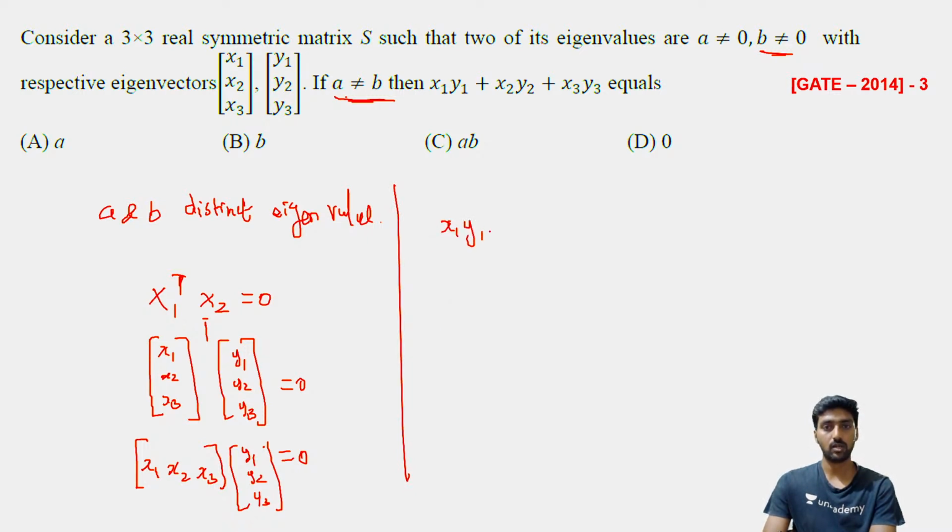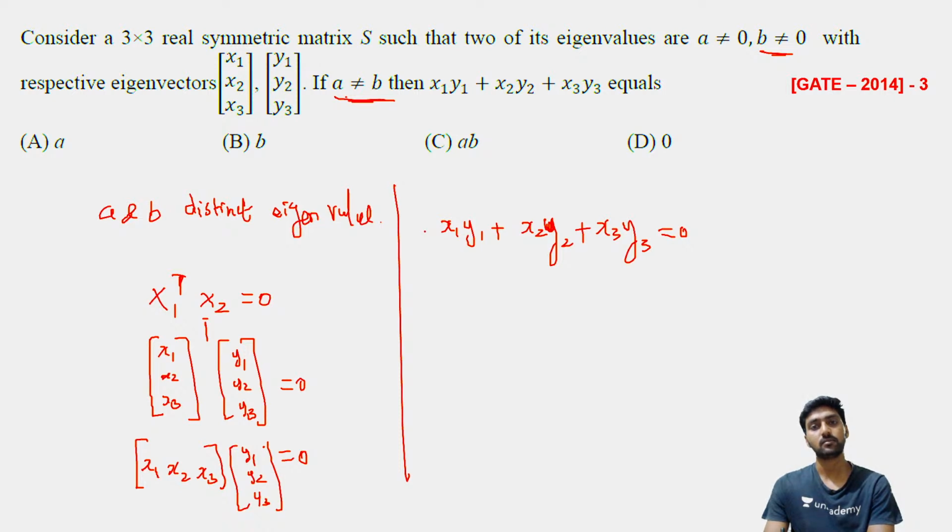Therefore x1 y1 plus x2 y2 plus x3 y3 is equal to 0. Yes or no? Is it clear? Yes, it's option D. Okay, next one.